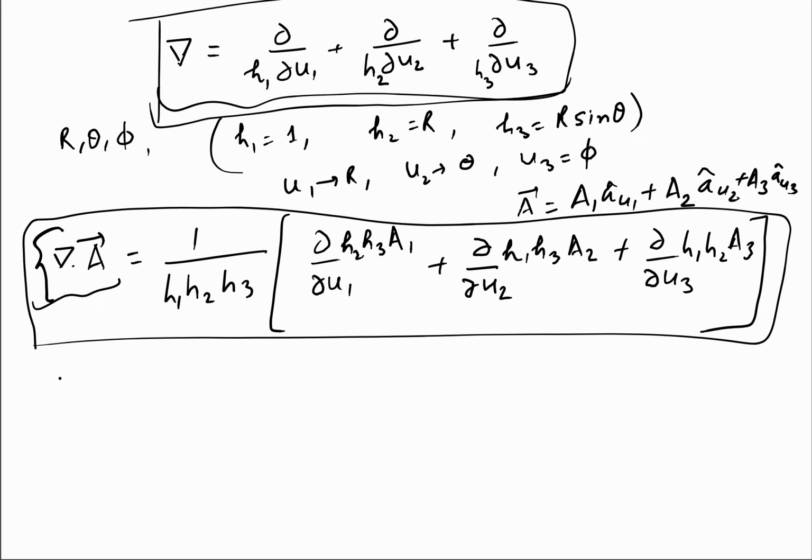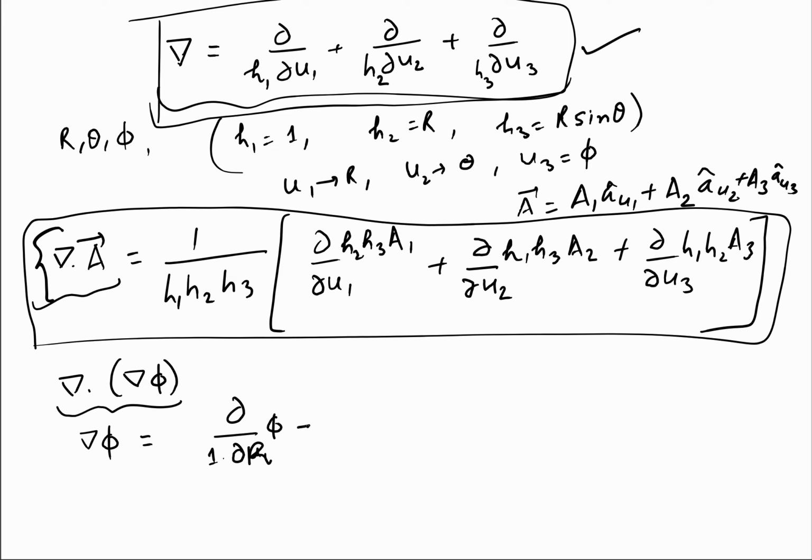What we need to do is find the divergence of the gradient of phi in spherical coordinates. First we will find the gradient. The gradient of phi in spherical coordinates, from this equation, can be written as: h1 is 1, so dou phi by dou r in direction a r, and since gradient is a vector operator, these are the components of a vector.